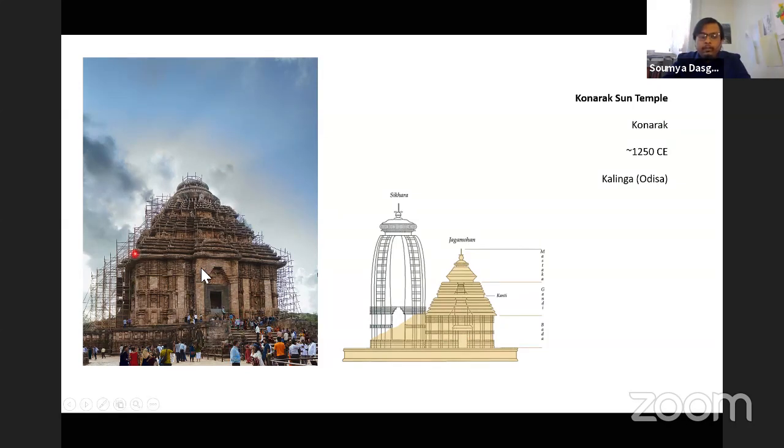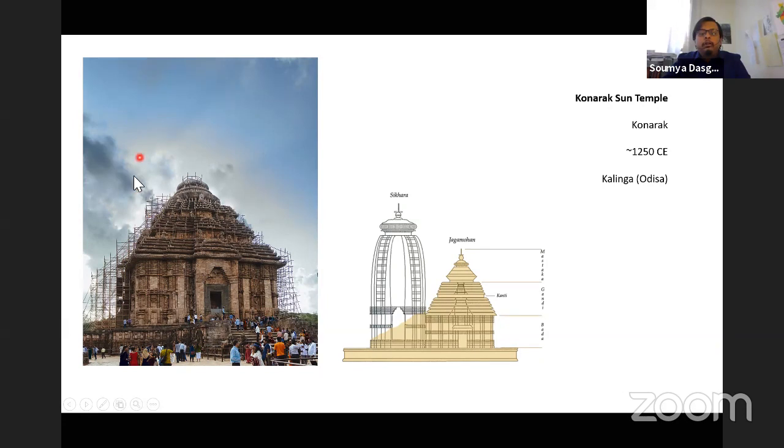I have visited this temple myself. It's huge, it's gigantic. You can only imagine what the scale of the shikhara would be. The shikhara would be somewhere probably here, where my red dot is, and that would be a magnificent scale, an overpowering and almost intimidating scale, to be honest. Even the Jagmohan is quite intimidating here.